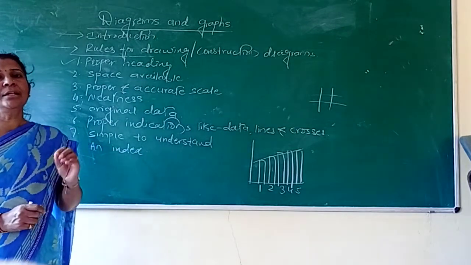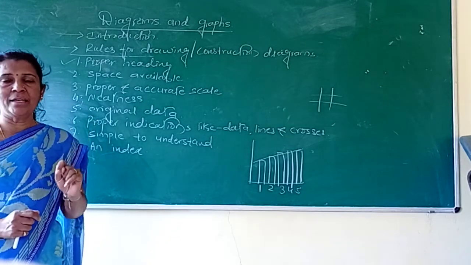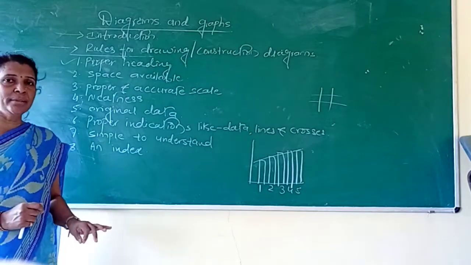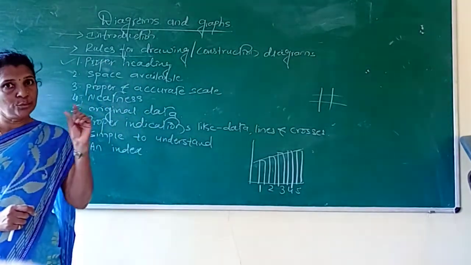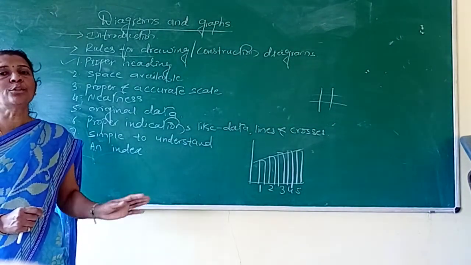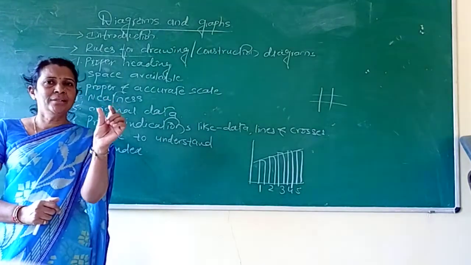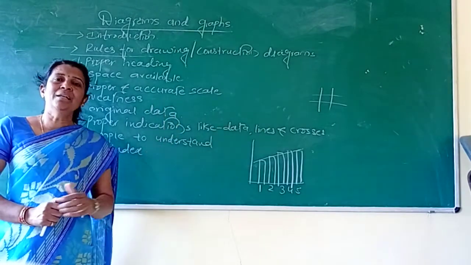When you give a title to a particular diagram, take care that the title is suitable, short, precise and clear. So right, a short title, don't make it a lengthy one.